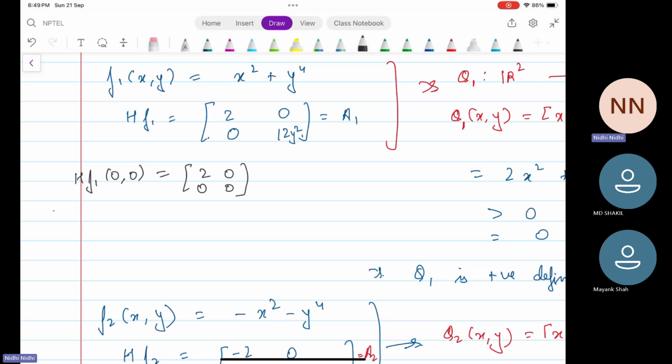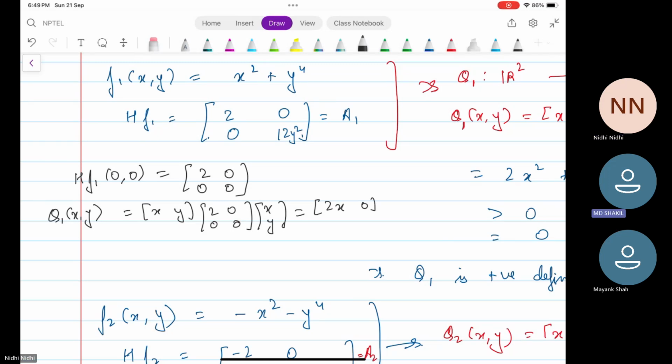In that case, the form will be (x y) times this times (x y), which gives 2x square. In that case also we are getting 2x square, not x square. Is it written in the problem?